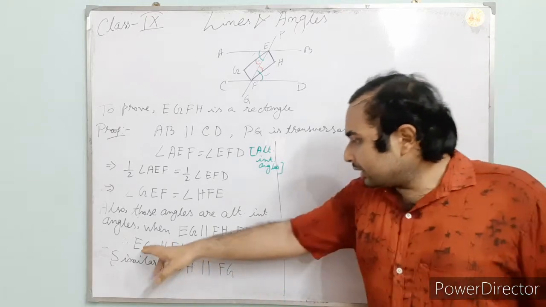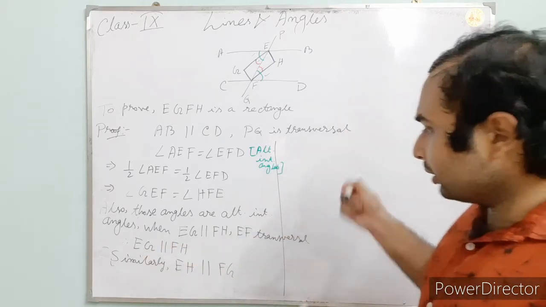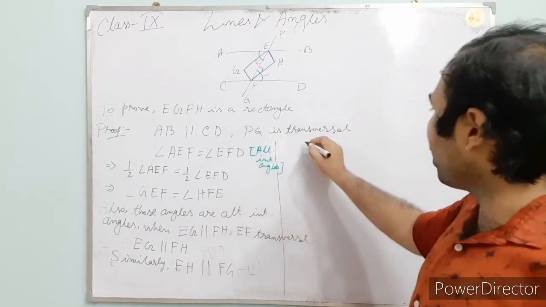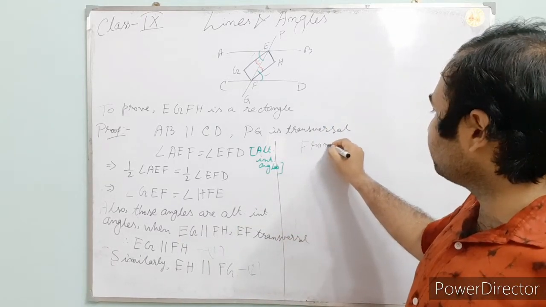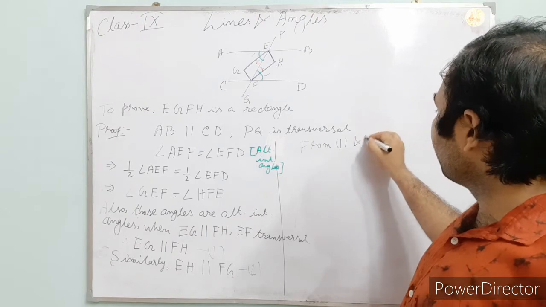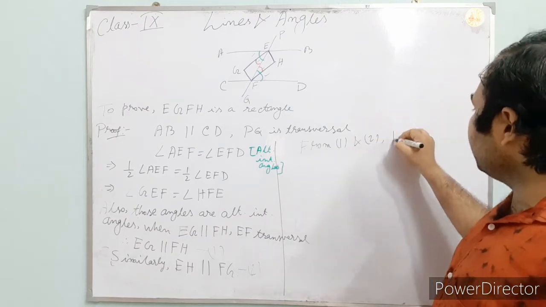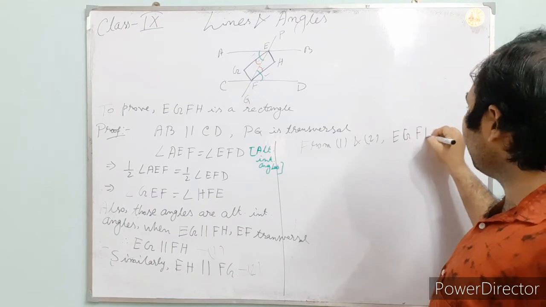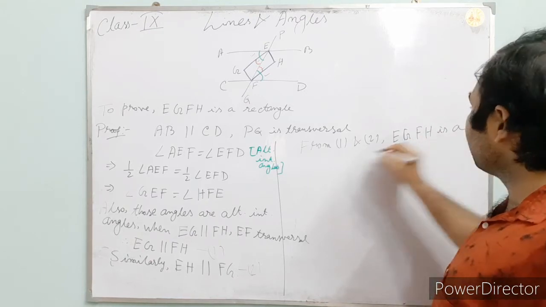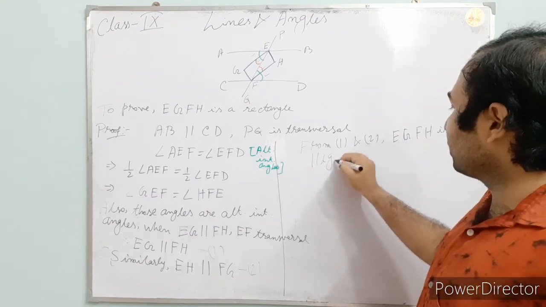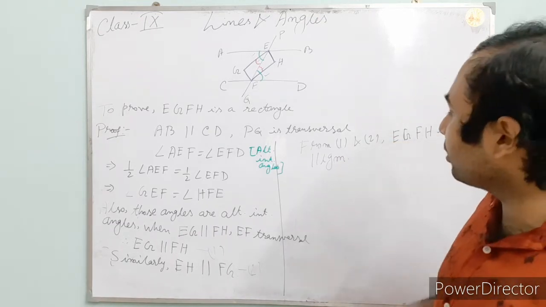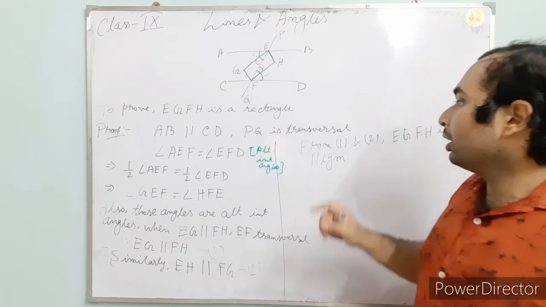Now let us come. From the figure, if this is number 1 and this is number 2, from 1 and 2 what can we say? EGFH is a parallelogram. This is the short notation of parallelogram, parallel lines and LGM.